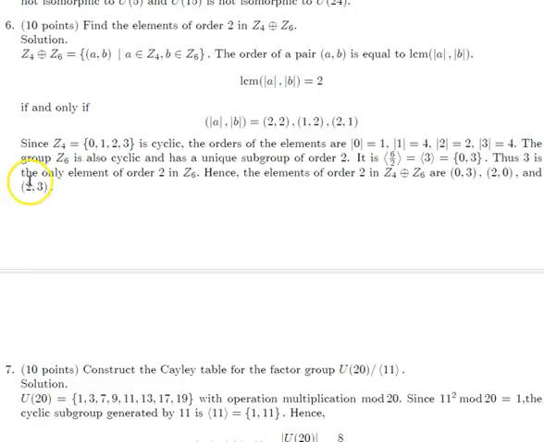In (2, 3), both elements have order 2: 2 has order 2 and 3 has order 2. Here, 0 has order 1, 3 has order 2 in the second group, in Z6. And for this pair, 2 has order 2 in Z4 and 0 has order 1 in Z6.